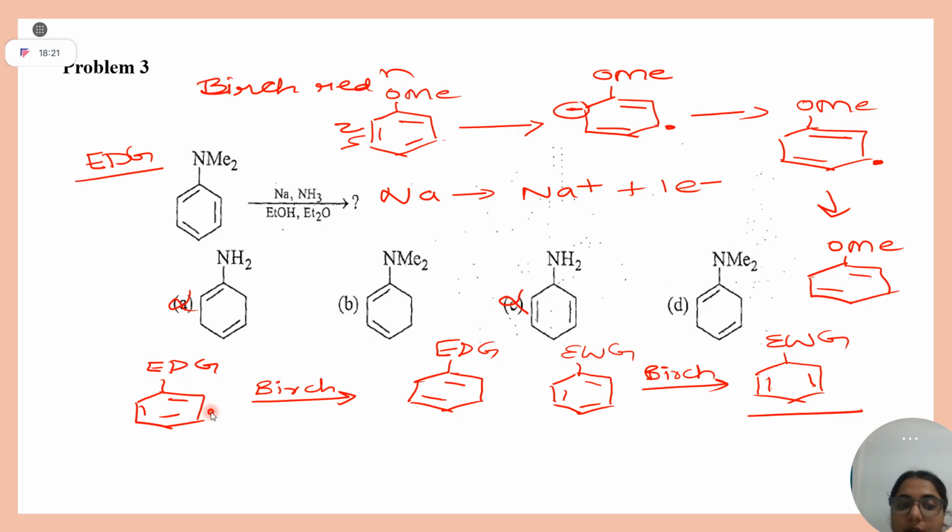And when you have an electron withdrawing group, these double bonds will be away from that electron withdrawing group. See, in the case of an electron donating group, one of the bonds is near to the donating group and one is just parallel to it. In a similar fashion, in the electron withdrawing case, both will be away and parallel to each other. You can write the mechanism. You just have to break one of the double bonds of benzene. Now you may ask, ma'am, which double bond should I break?